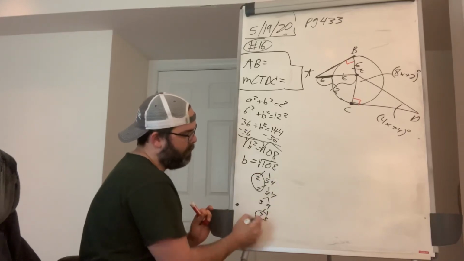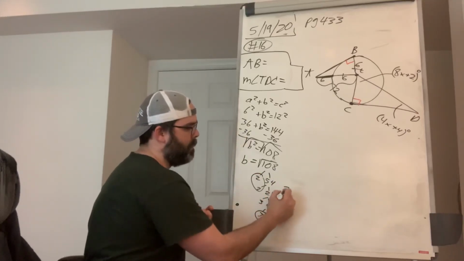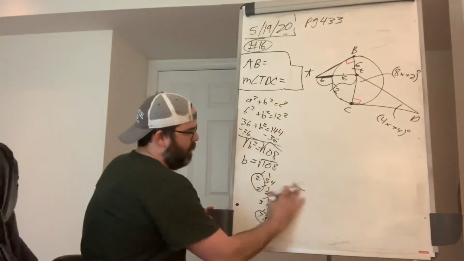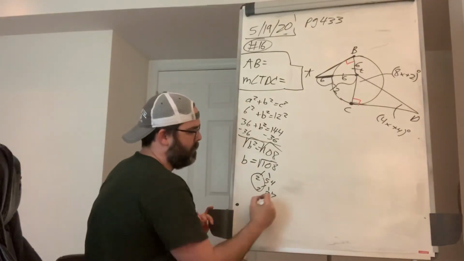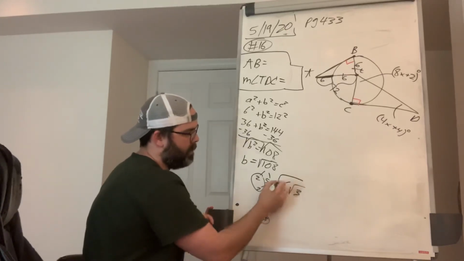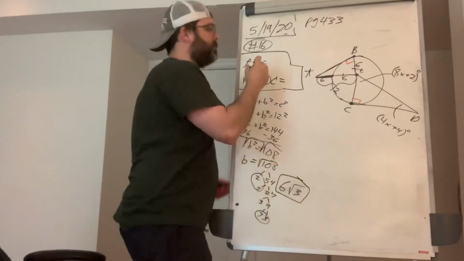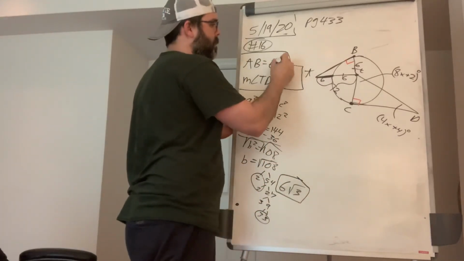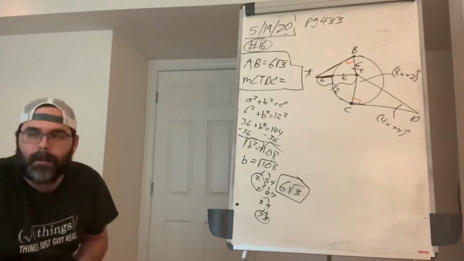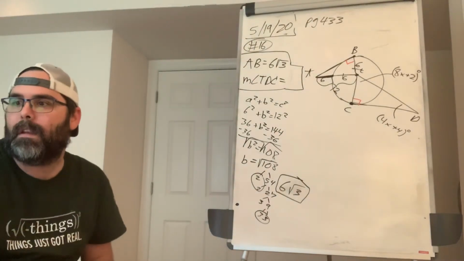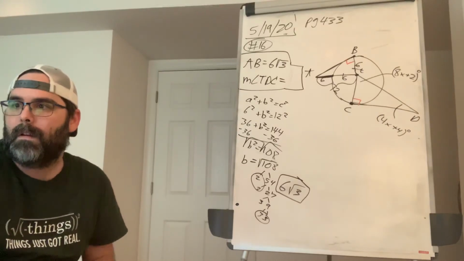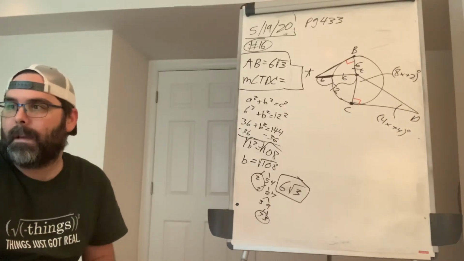The 3's pull out, so this is 3 times the square root of 3, and then 3 times 2 is 6. So the answer is 6 times the square root of 3. That's how it wants the answer. All right. Any questions about that?